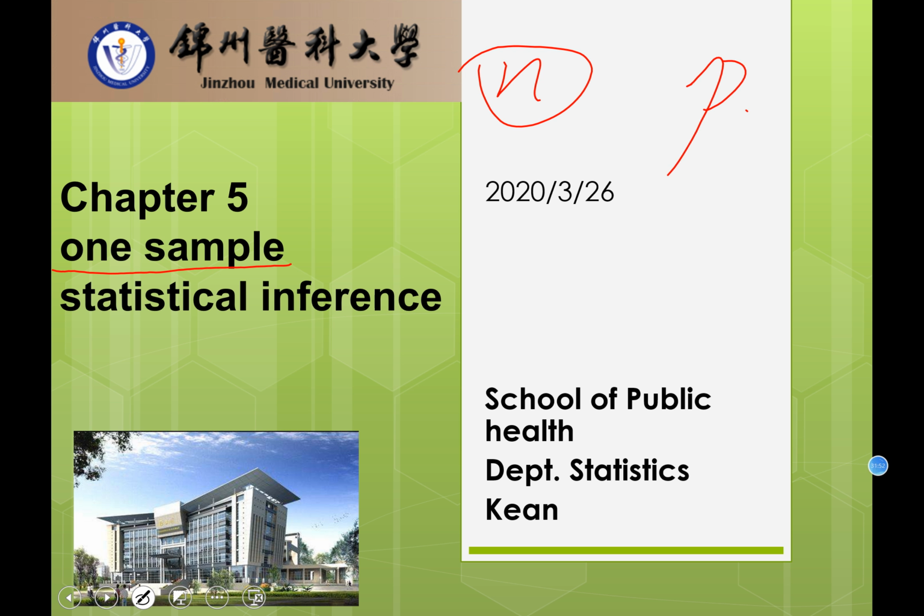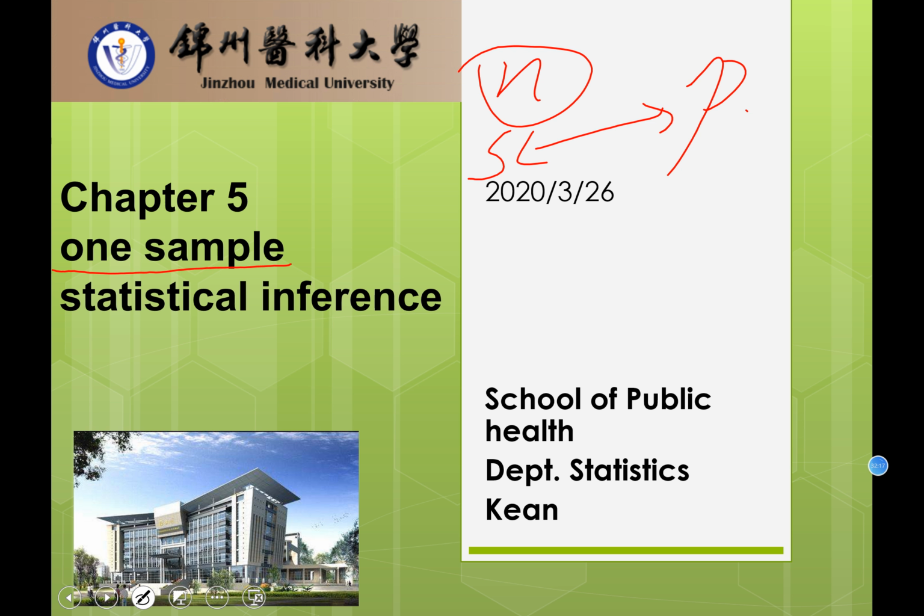What we need to do is to compare this sample with the given population. So we can find that in the question there is only one sample size, and we can get another one, that is a given population.